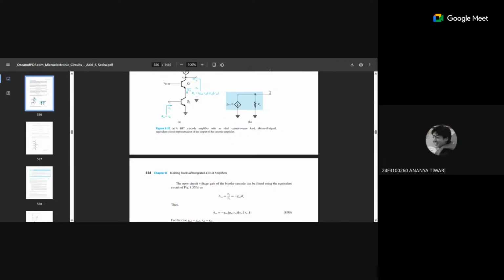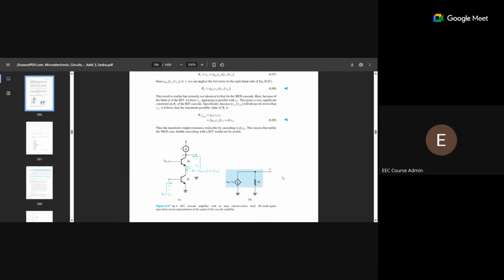Yes, ma'am. What do I have to search? Here you will have that analysis of what the potential is at this common emitter terminal. Accordingly, the current will be steered to one side. You just move on the pages, scroll.